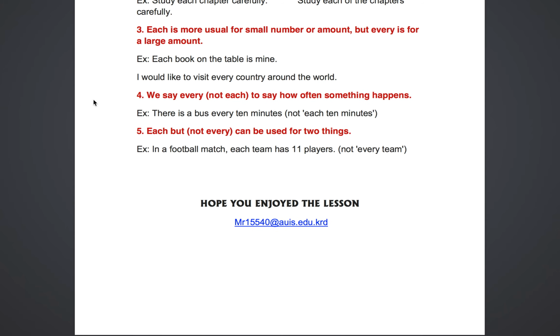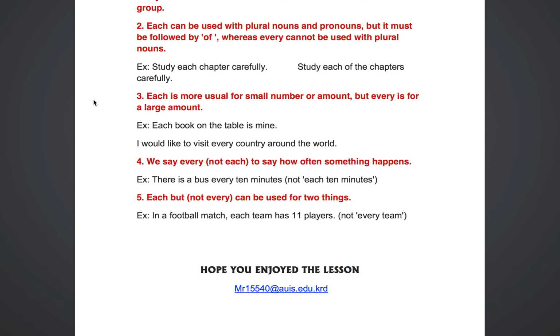Thank you so much for listening until here. I hope you enjoyed the lesson, and I hope you got a little bit of clarification about the correlative conjunctions that we have.